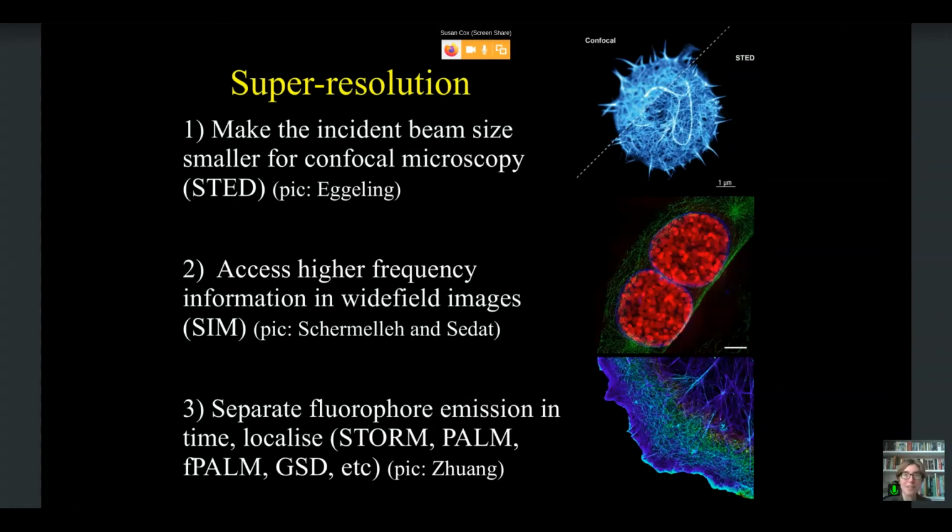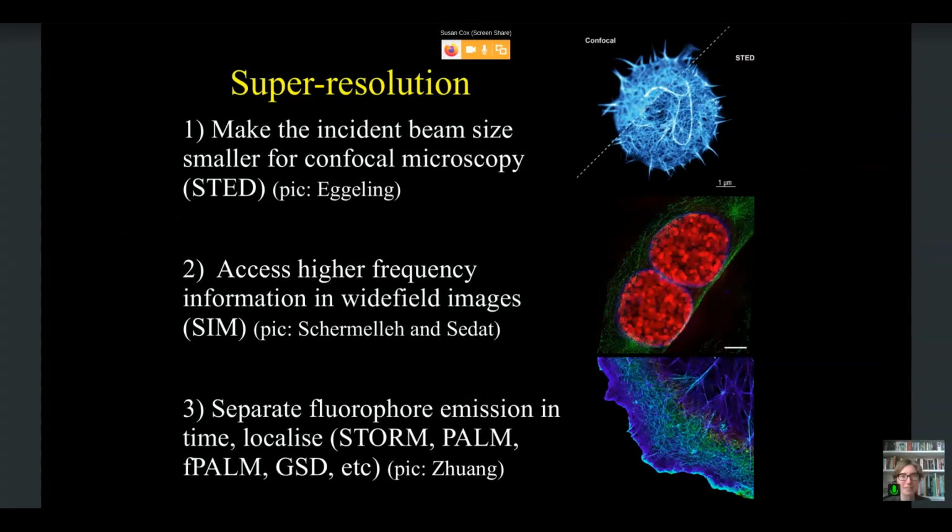But it has the combination, which is different to STED or SIM, where it's very simple experimentally, but it's still quite complicated in terms of the data analysis. And this is what particularly interested me when I entered the field, because I'd very much specialized in data analysis previously, though I had done quite a lot of experiments. So I was very intrigued by this combination.